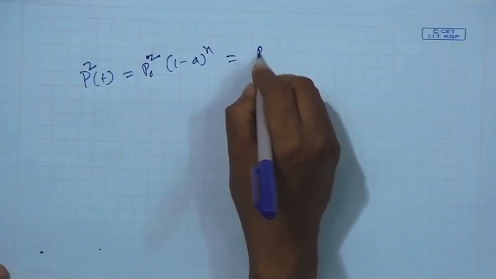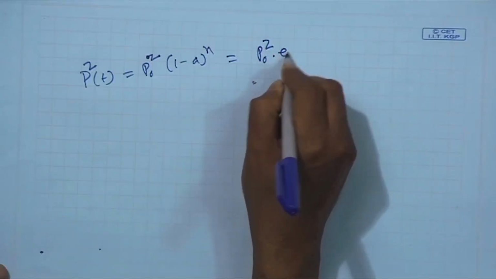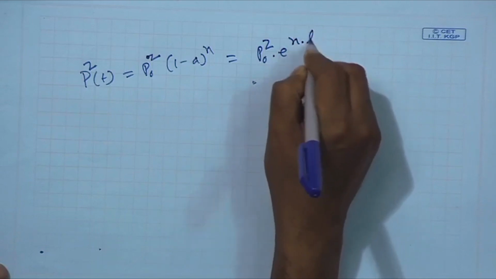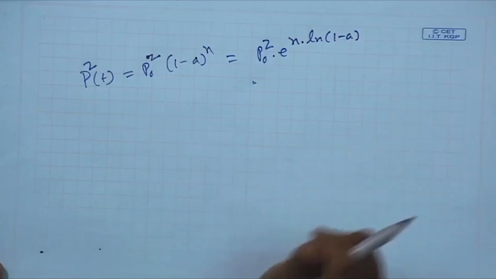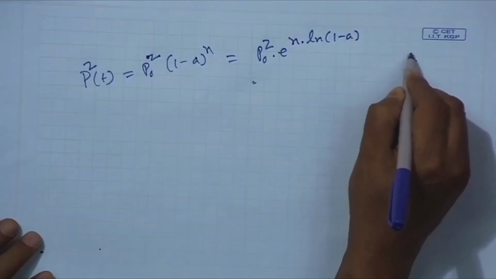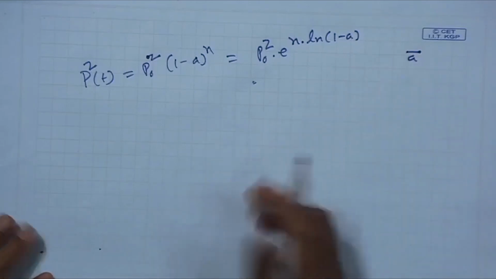This can be represented as P0 square into e to the power n into ln of 1 minus A. Here A is the absorptivity; you can say the average absorptivity is A bar.